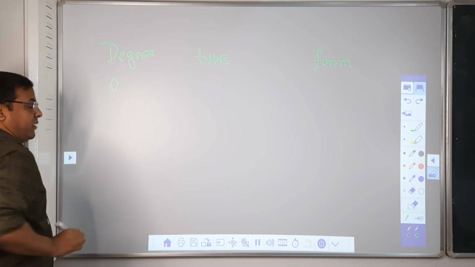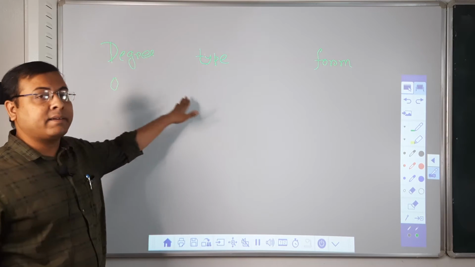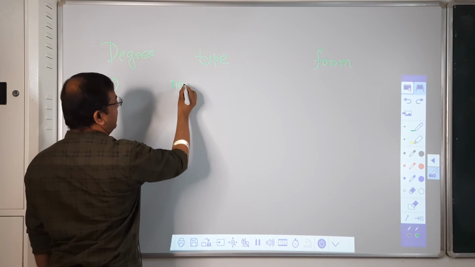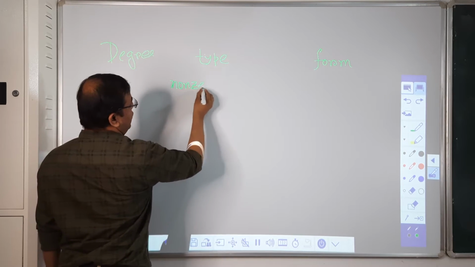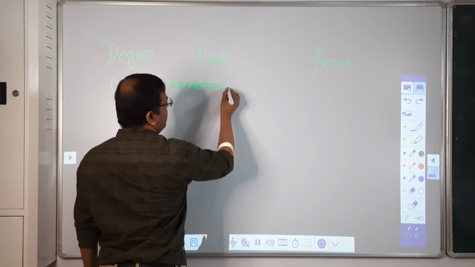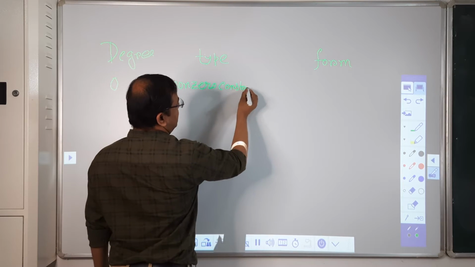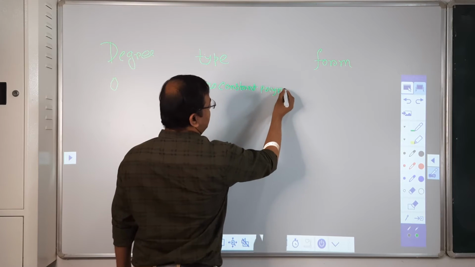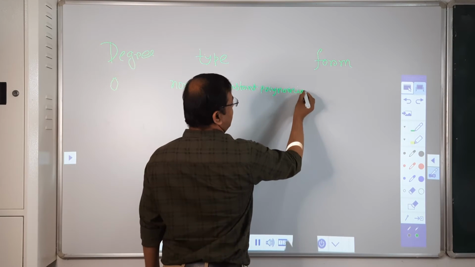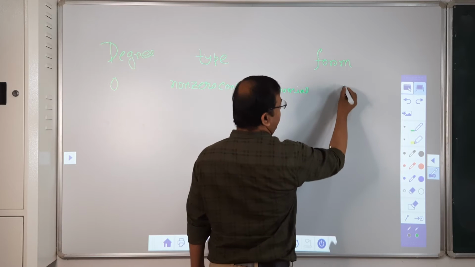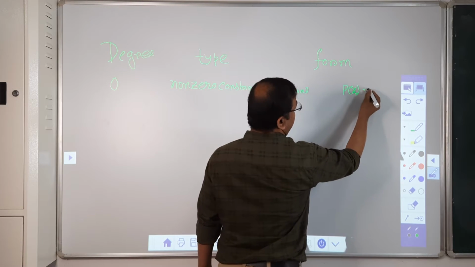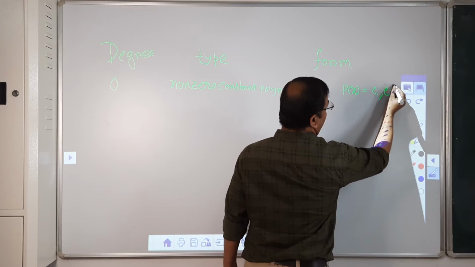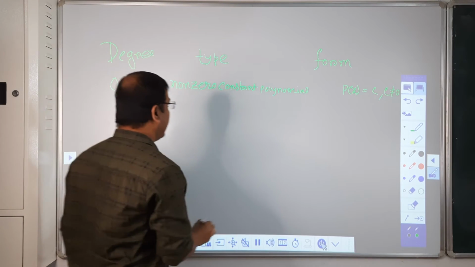When the degree is 0, then the type of the polynomial is a non-zero constant polynomial. Form is px is equal to c, where c is not equal to 0.